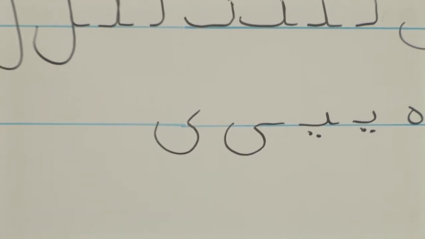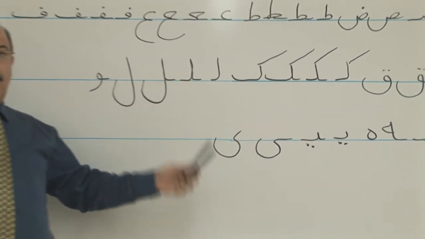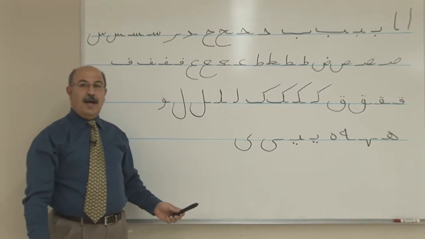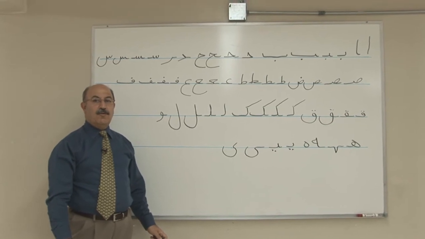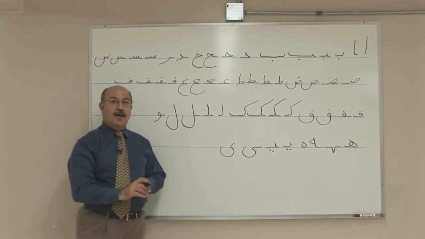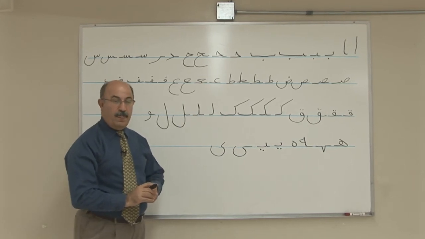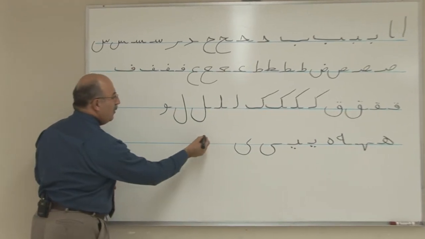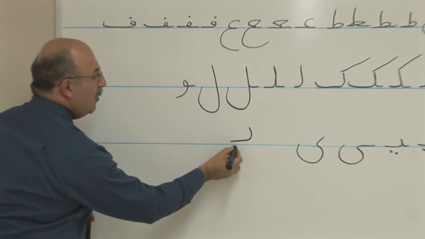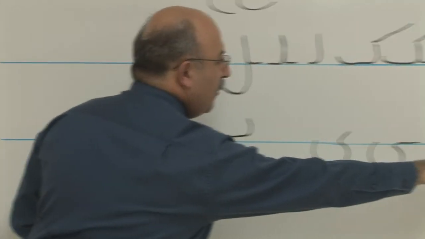These shapes repeat in words all the time. It's good to learn how to write these in order to write a sentence. Let's show you an example. The name Jehovah. Ye, initial.